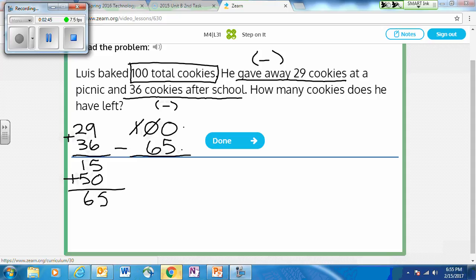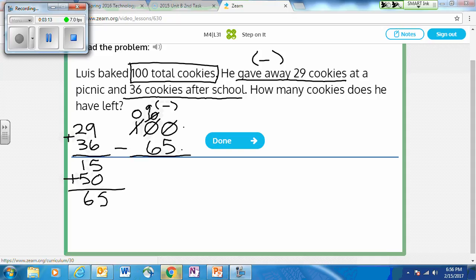If I take 100 away from 100, I'm left with 0. I'm going to exchange that 100 for 10 sets of 10, which gives me 10. And I'm still needing to get more into my ones column, so I need to do another exchange. I'm going to take one set of 10 away, which leaves me with 9 sets of 10.